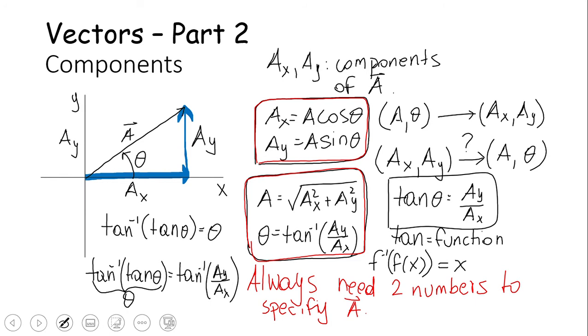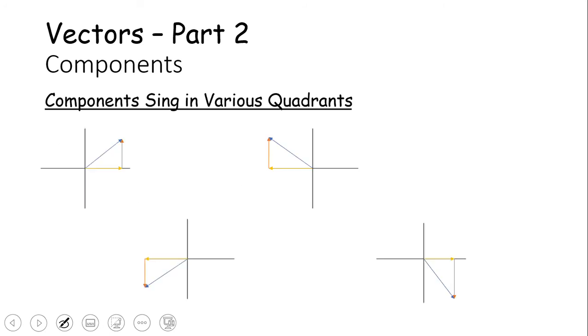Now there is a problem here with the way that we define the tangent, because we were working in the first quadrant. And in the first quadrant, both the x and y components are automatically positive because we're moving along the positive x-axis and also along the positive y-axis. If we looked at the other quadrants, things change a bit.